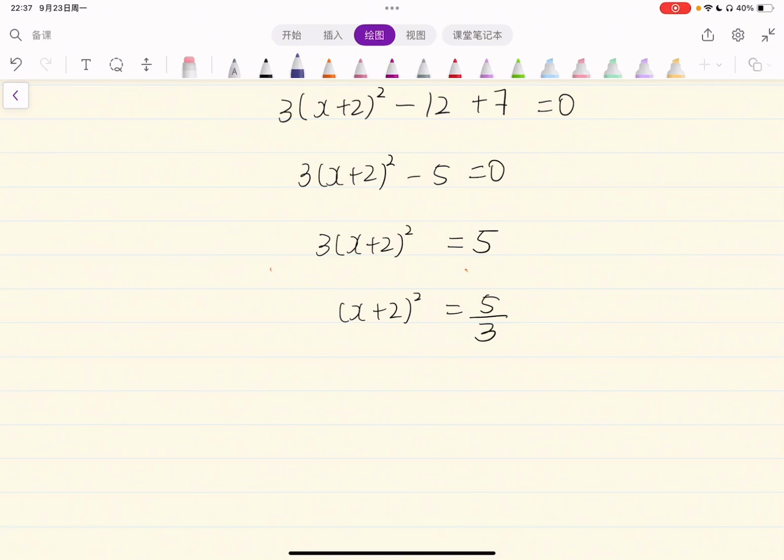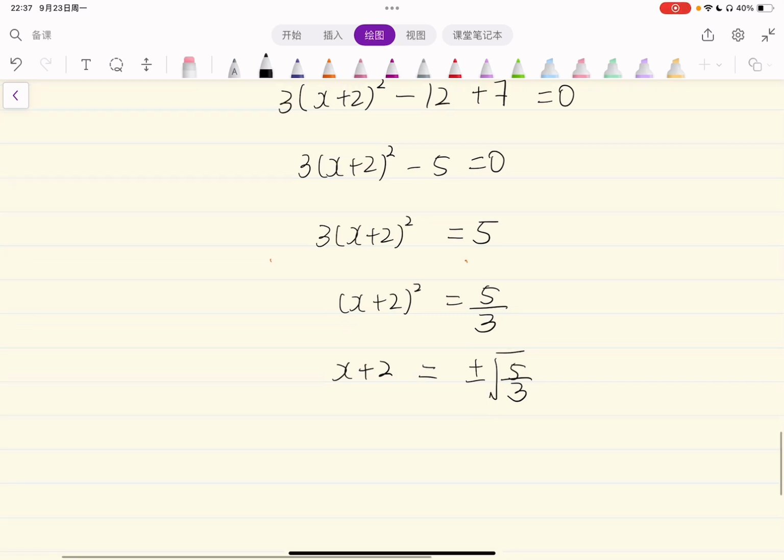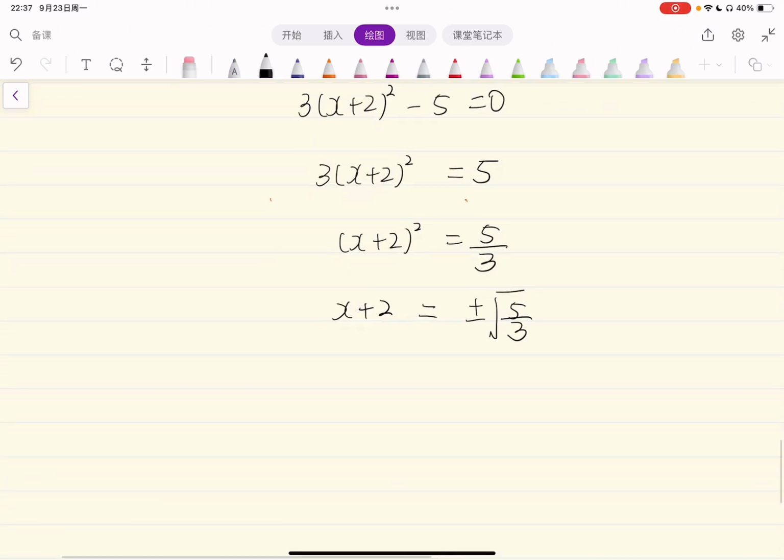So we have x plus 2 equals plus or minus the square root of 5 over 3. Thus, x equals plus or minus the square root of 5 over 3, minus 2.